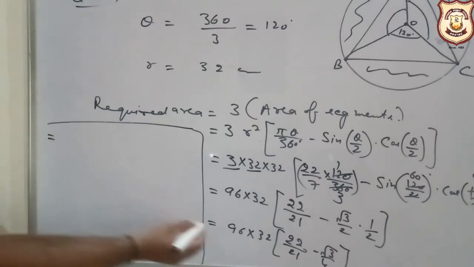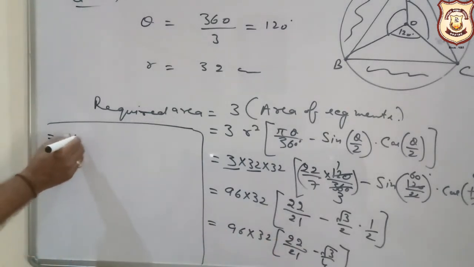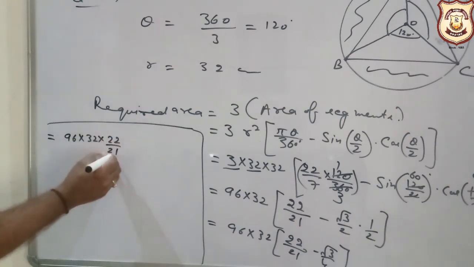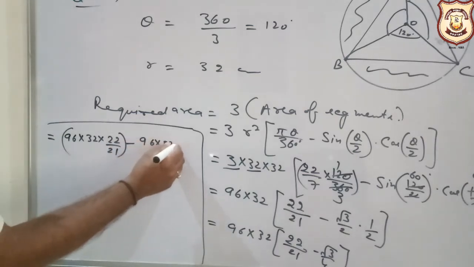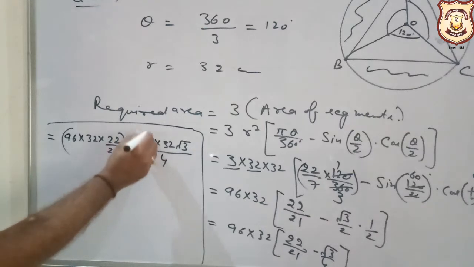After this we will multiply with the whole: 96 into 32 into 22 by 21 minus 96 into 32 root 3 by 4.